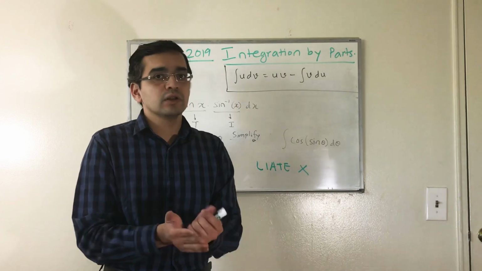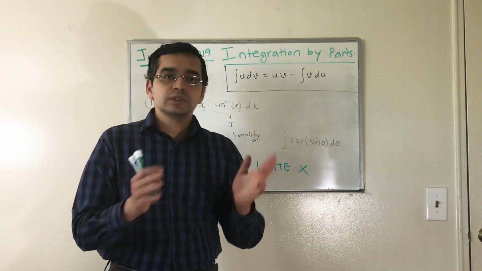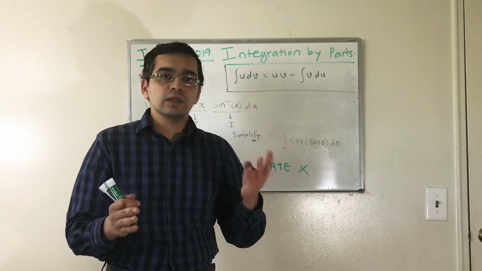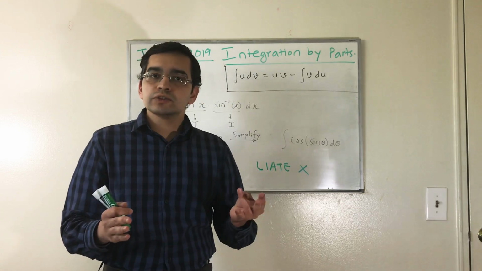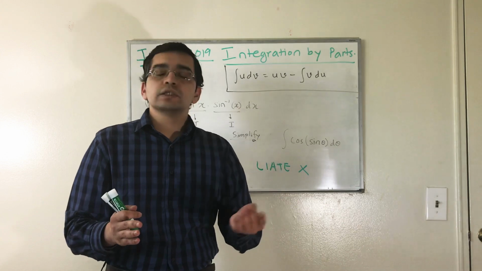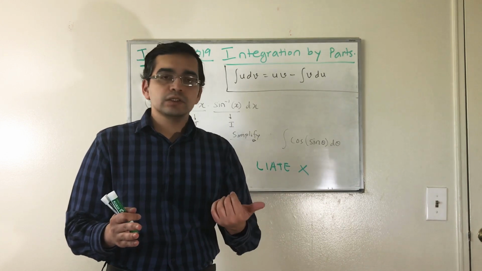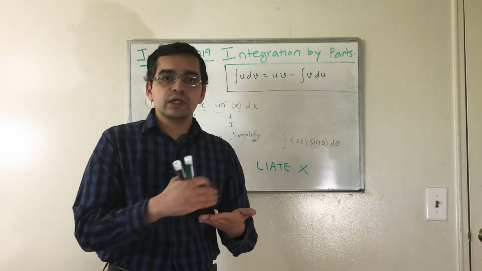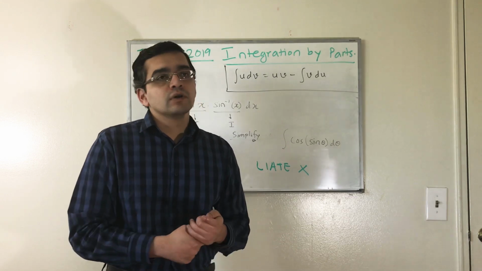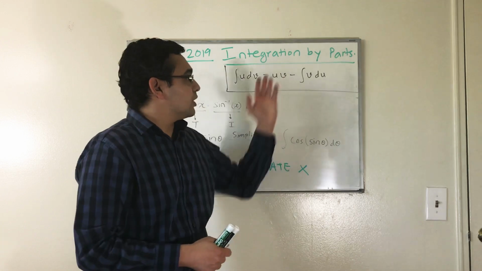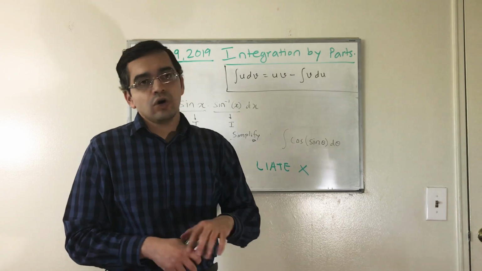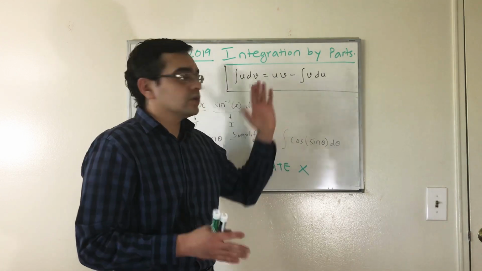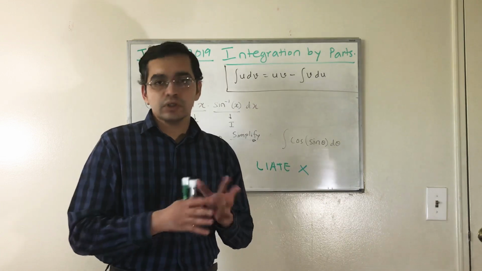So just remember this sequence: LIATE, L logarithmic, I inverse trigonometric, A algebraic, T trigonometric, and E exponential. Try to choose u and dv according to that sequence, and apply the integration by parts formula. For all practical purposes this is going to work, but there are examples where these things do not work.